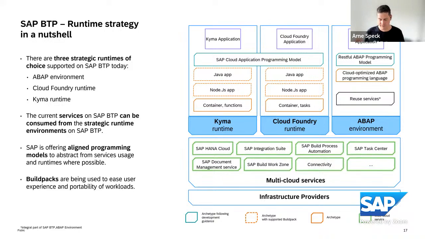Let me very clearly emphasize that Cloud Foundry is absolutely strategic for SAP. There are a lot of rumors because some competitors stepped out of Cloud Foundry. There are some reference architectures for cloud native applications that really see a Kubernetes-based runtime as a requirement to run modern applications.